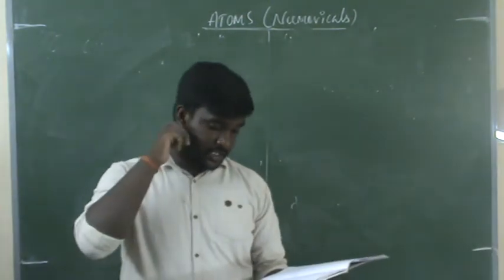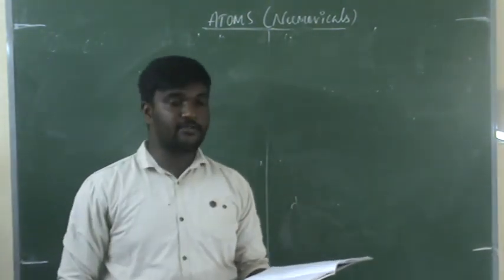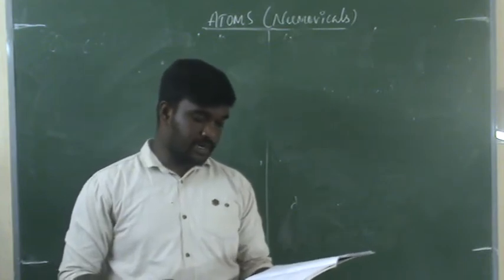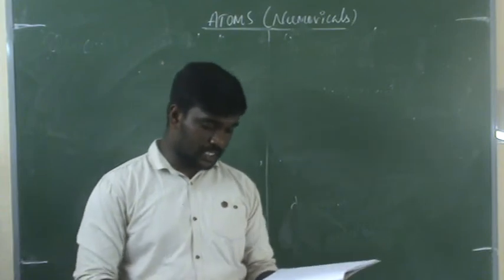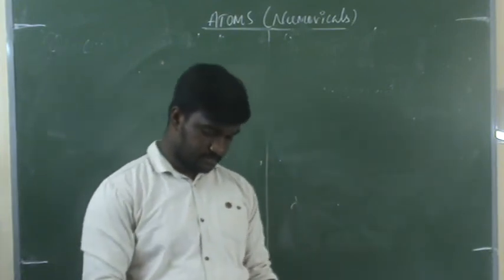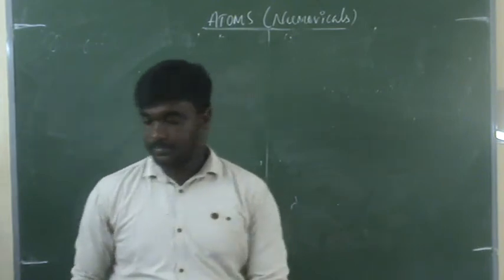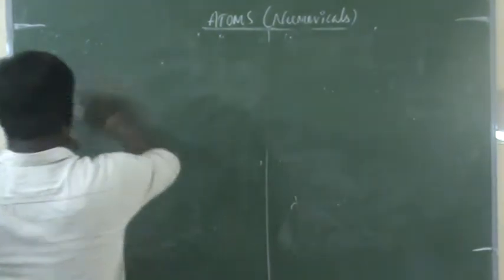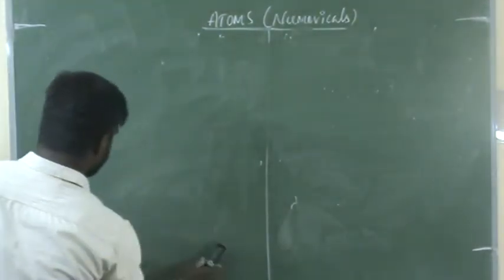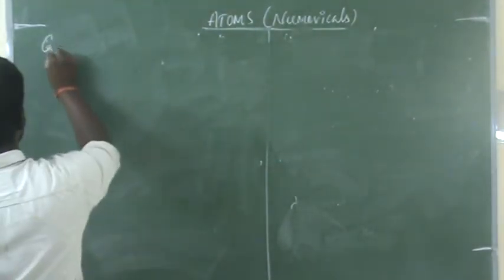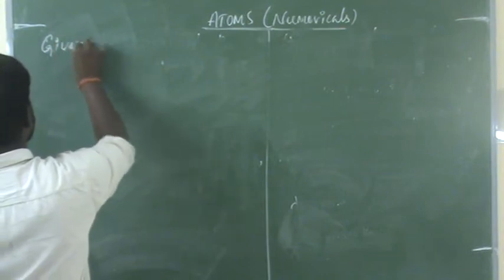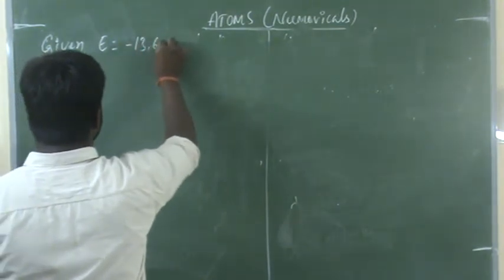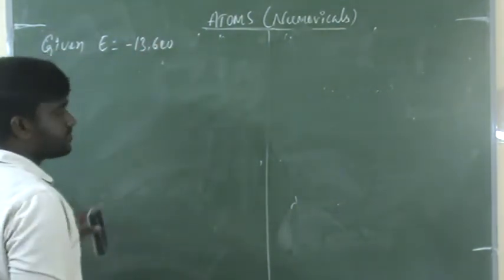Calculate the energy absorbed and the wavelength of electromagnetic radiation emitted when the atom comes to ground state. Given, energy equals minus 13.6 electron volt.